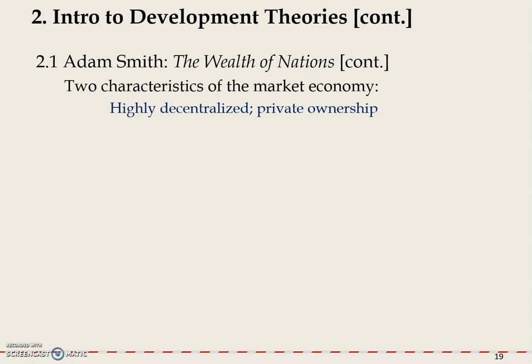For example, if we're talking about the producers, they need to be sure that they own the output, okay, and the profit. Otherwise, where they could have the incentive to maximize their benefit or profit, right? And this strong protection of the private ownership of properties should be provided through the legal system and the political institutions, okay?